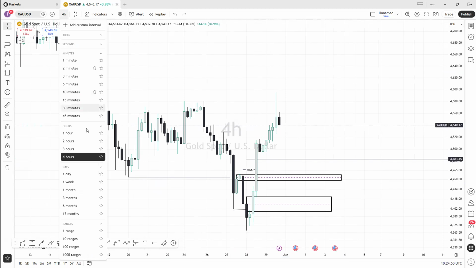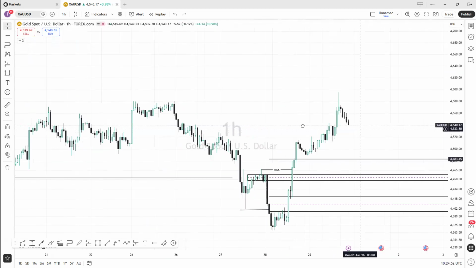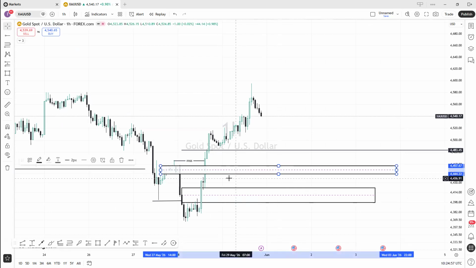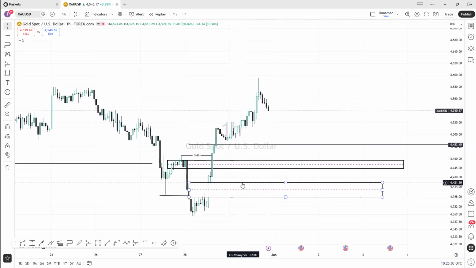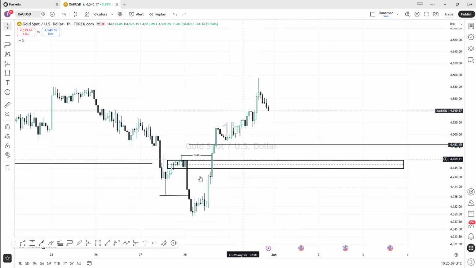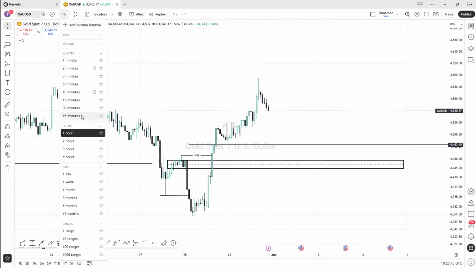Shift your time frame to lower time frame, on 1-hour time frame, I have another point of interest. Here we have unmitigated breaker block. Also, above that breaker block, we have this order block. That is normal order block. Okay, so on this zone, we have multiple points of interest.